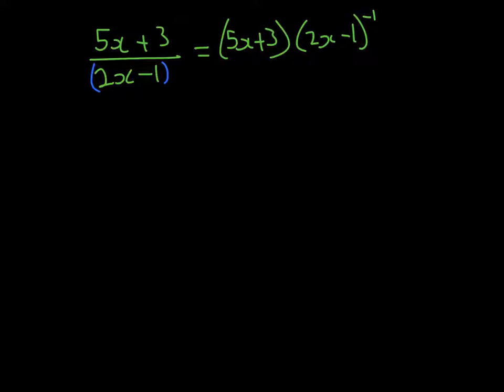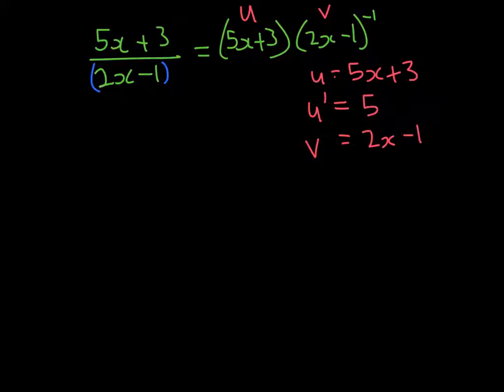And we'll set the first part to be u, the second part to be v. Over here we'll say that u equals 5x plus 3. So the derivative of u with respect to x will be 5. V is equal to 2x minus 1 to the power of minus 1. And v dash, or v prime, will be equal to, we take the derivative of what's inside the brackets.